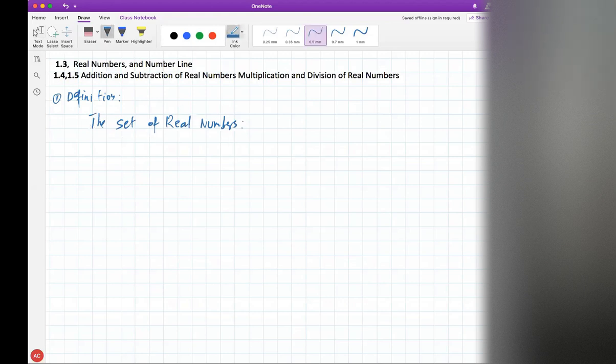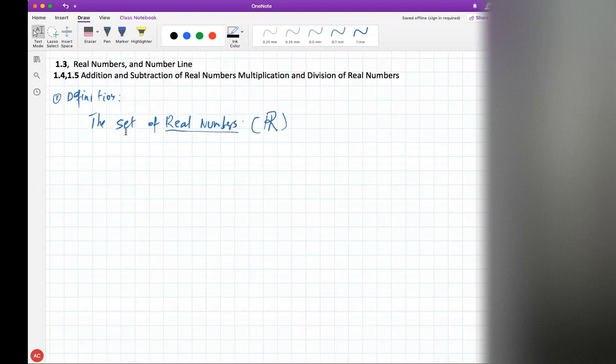Basically every number you can think of right now is called a real number, and they belong to a set called the set of real numbers. They have this symbol, it's like an R with two vertical lines. That's the symbol for real numbers.